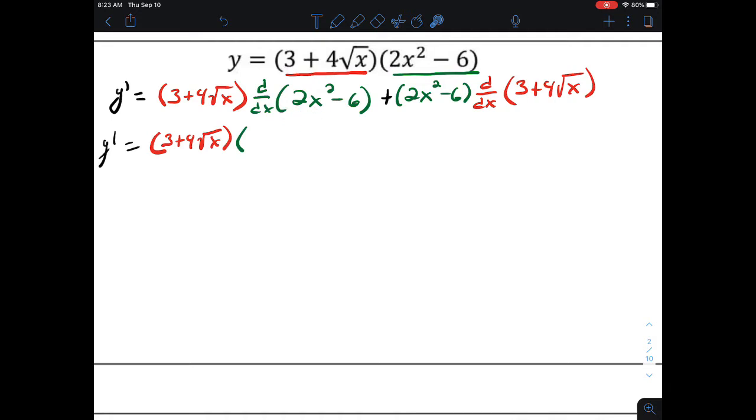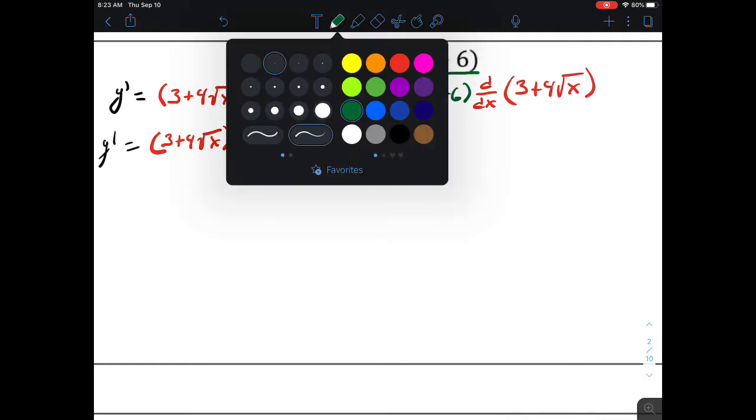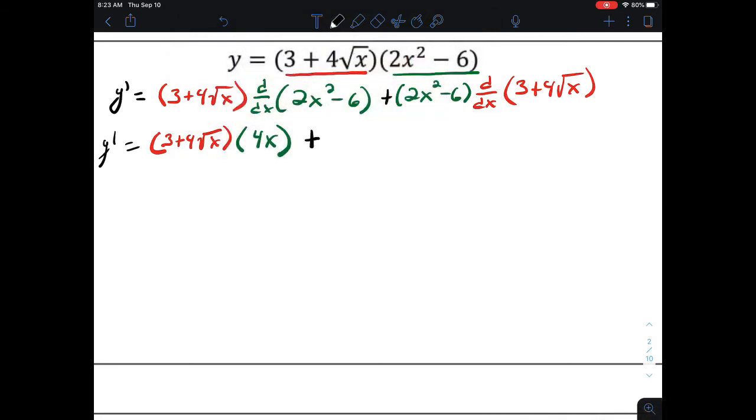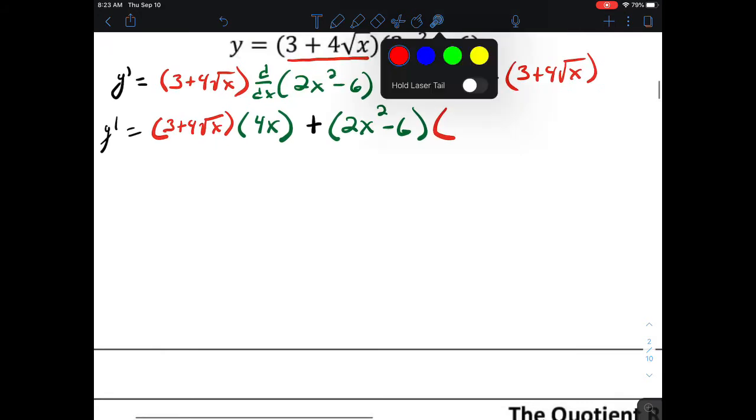Derivative of 2x squared is 4x. The derivative of 6 as a constant is 0, so I just have 4x for that derivative. Then I keep writing. I have plus, and then we write 2x squared minus 6 times the derivative of 3 plus 4 roots of x.